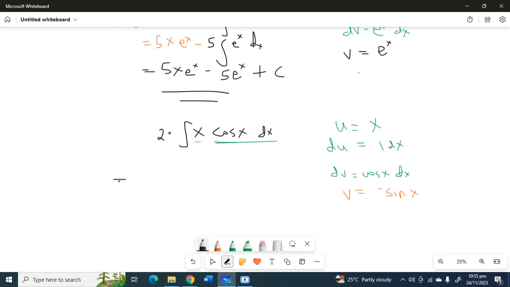So we write down the formula here. You're going to say u v minus the integral of v du. u is x, v is negative sine x, minus the integral of negative sine x. du is 1 dx, so we can just put a dx here.